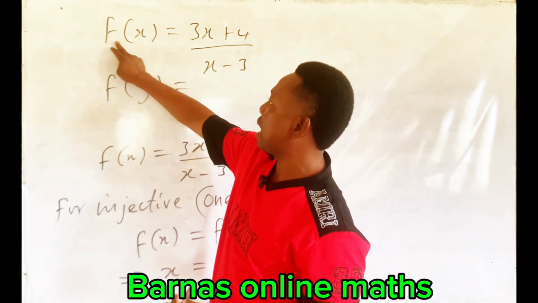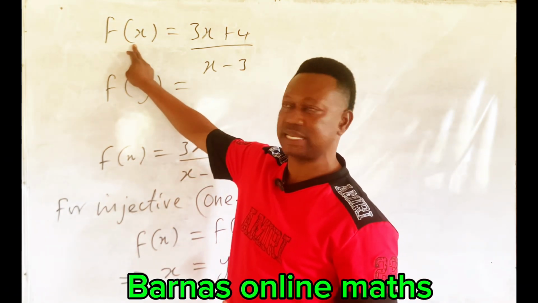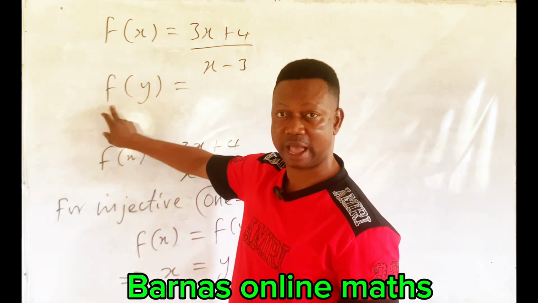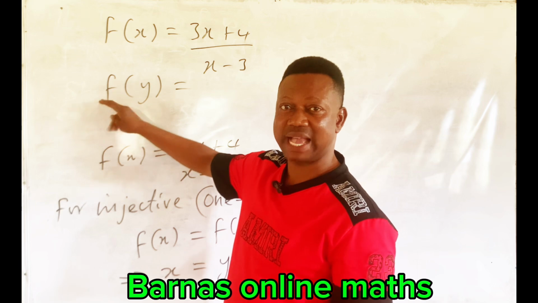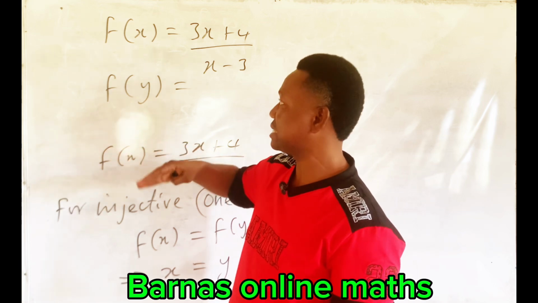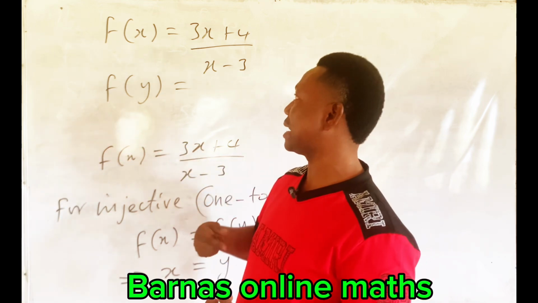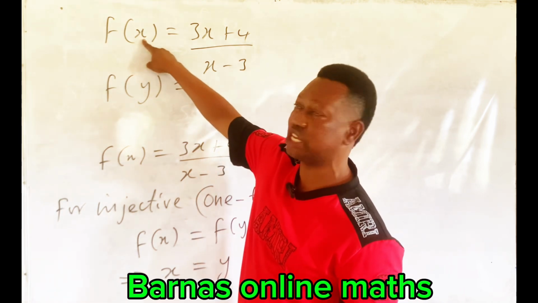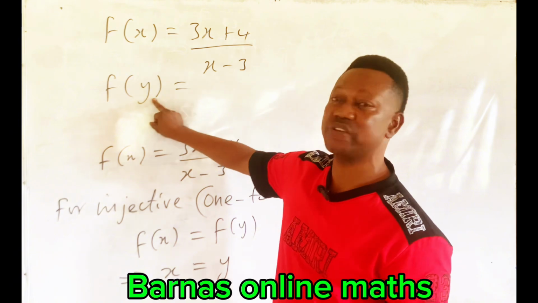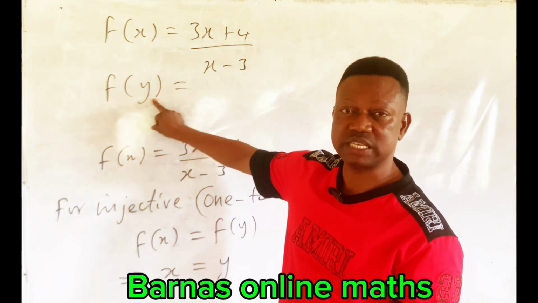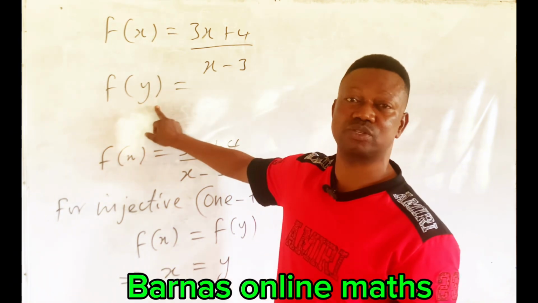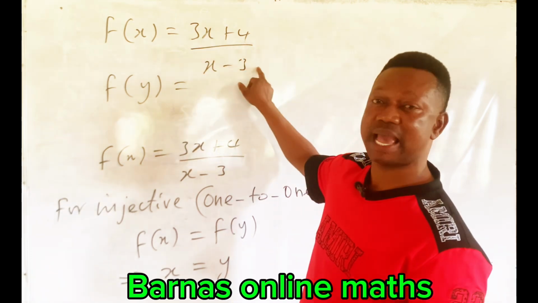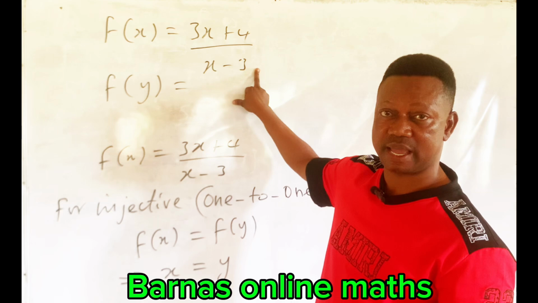Coming here, what do we see before the bracket? It is f. And what do we have before the other bracket? It is also f, which signifies the same functions. Since they are the same functions, we can compare whatever they have inside the bracket. Here we have x, and here we have y. This simply means that wherever you see x, you replace it with y.